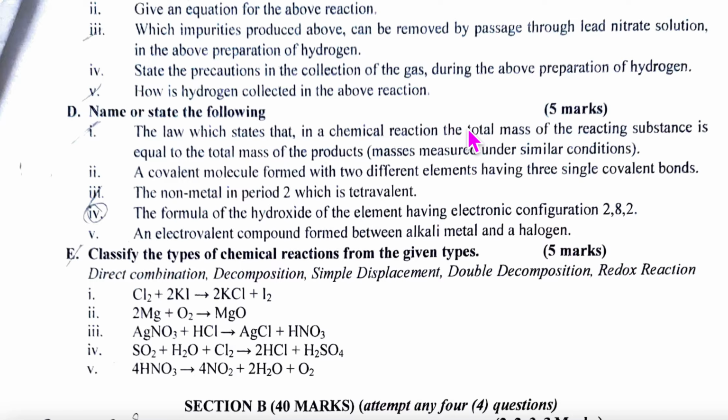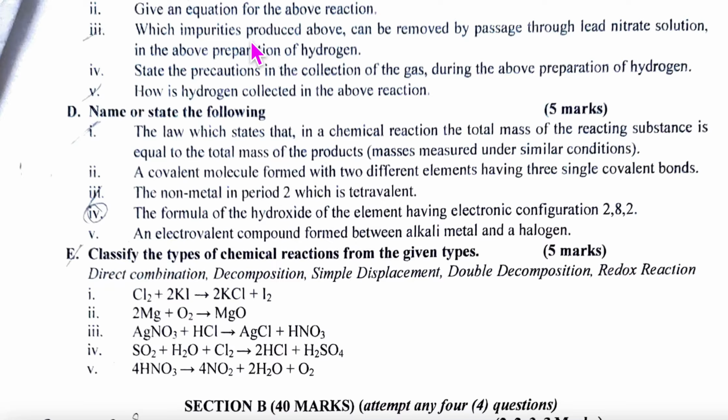What page number? Lead nitrate is removing arsine, phosphine? Ma'am, it removes H2S. Yes, but if you write only H2S, you will get 0, no? What will you write? Hydrogen sulfide gas.